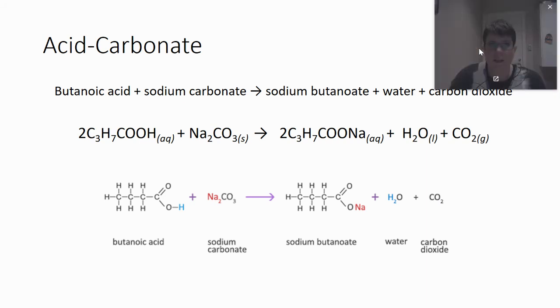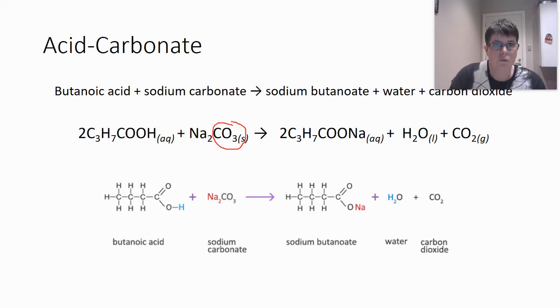This reaction here is with carbonates. So we could have sodium carbonate or any other kind of common carbonates, calcium carbonate, magnesium carbonate. So we're looking for this ion here, CO3. They're not very soluble, so often we see them as solids. In this case, we've got butanoic acid. So we've got 1 carbon there and 3 carbons there. So we've got butanoic acid plus sodium carbonate.